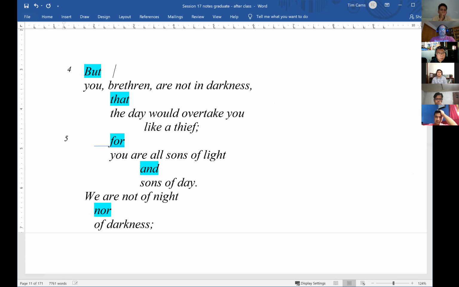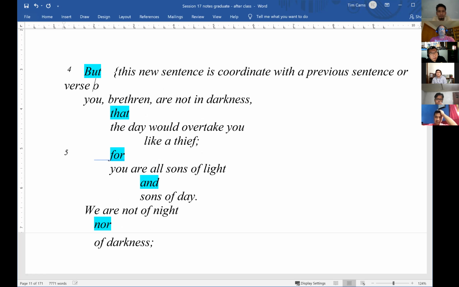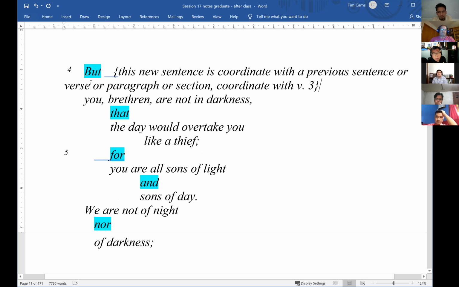So that's telling us that this new sentence is coordinate with a previous sentence or verse or paragraph or section. We don't know without understanding the context. Now, if we study Thessalonians in context, we see that in this case it's coordinate with verse 3, the verse right before, because the verse right before is talking about those who are in darkness. All right, but Paul's saying here, you are not in darkness.